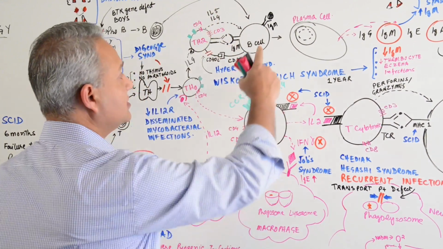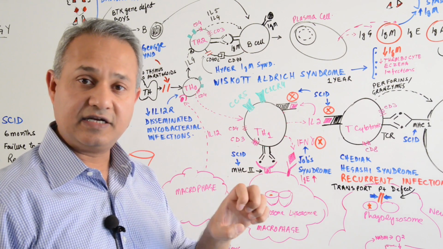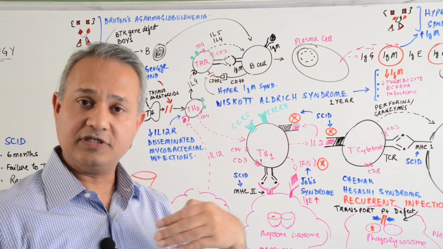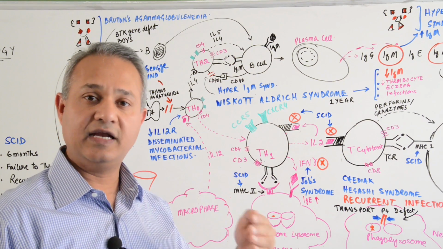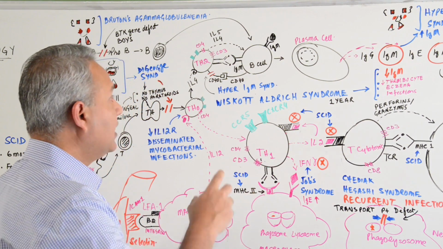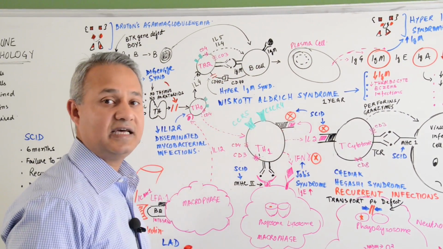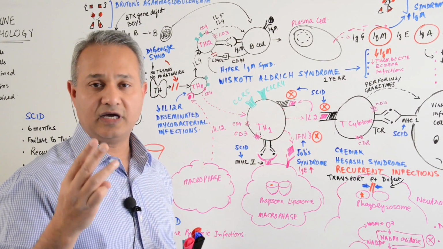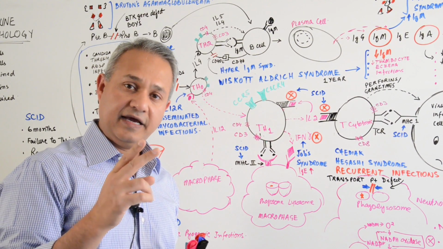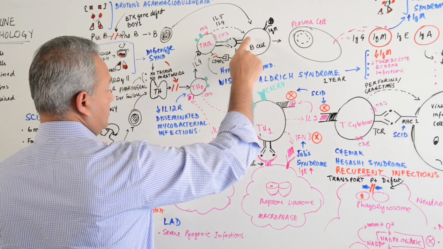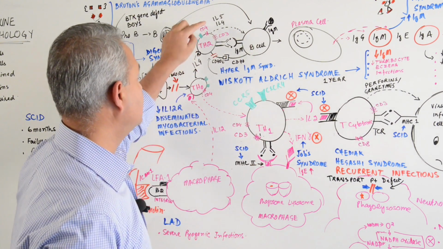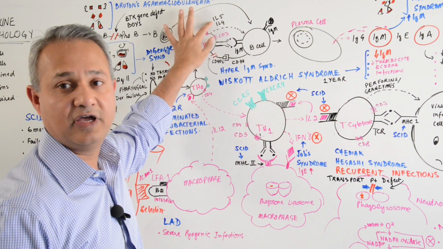If we have antigens, a B cell can capture the antigens and then release IgM antibodies to help handle that antigen. However, if this B cell is going to produce IgG, A and E, then this B cell needs class switching, and that class switching signal is IL-4 and 5.